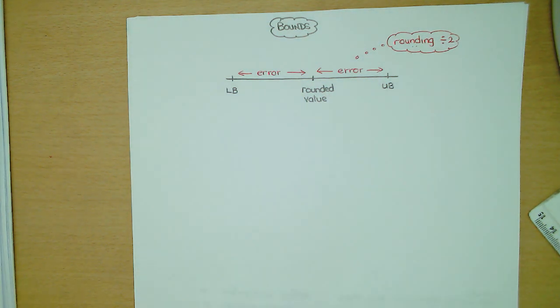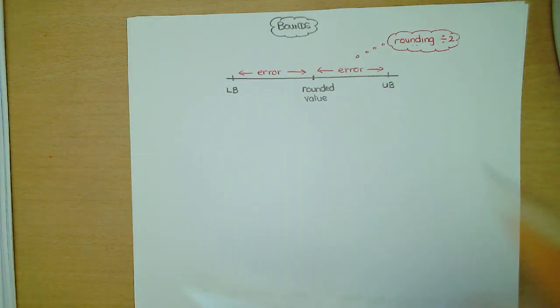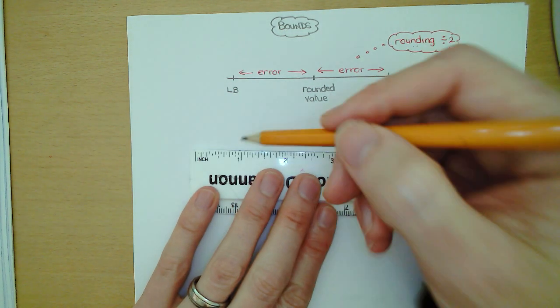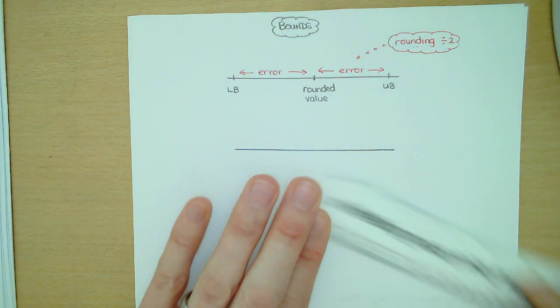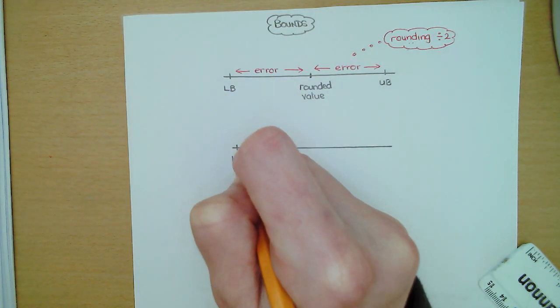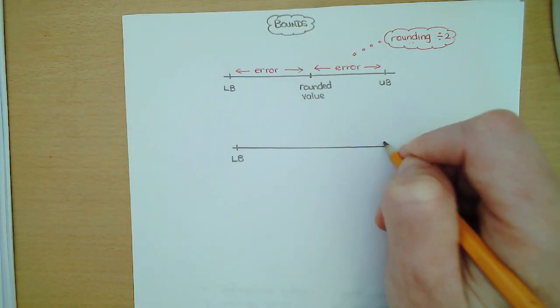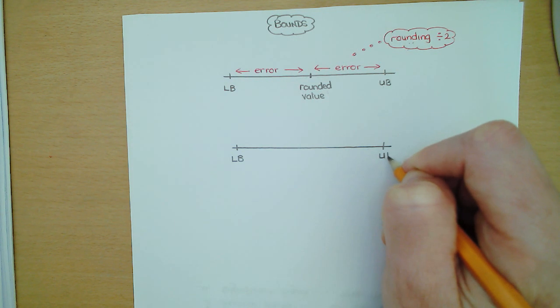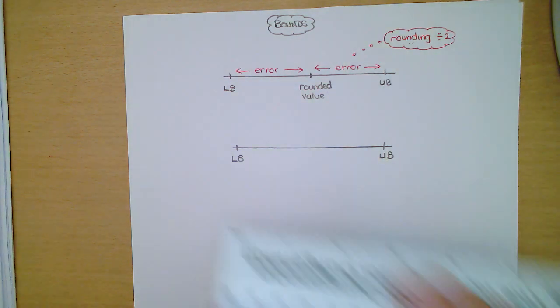So therefore the actual value for the quantity before it was rounded can lie anywhere between the lower bound and the upper bound inclusive.